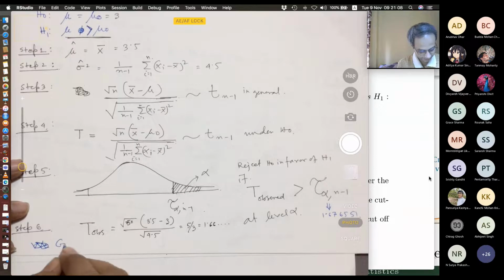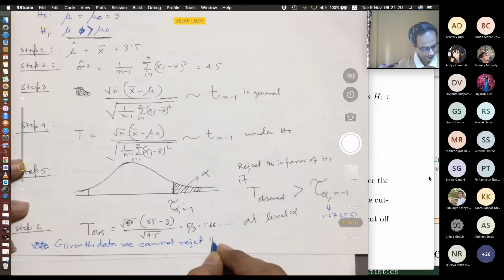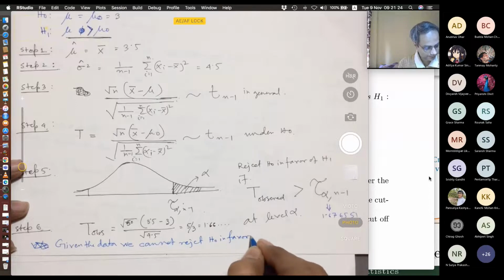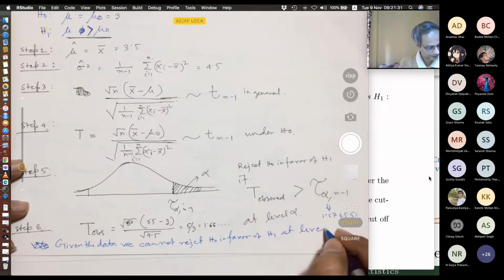So our conclusion is that, given the data, we cannot reject H0 in favor of H1 at level alpha.